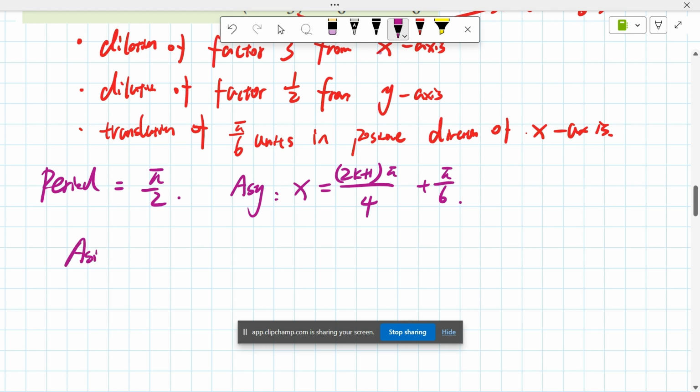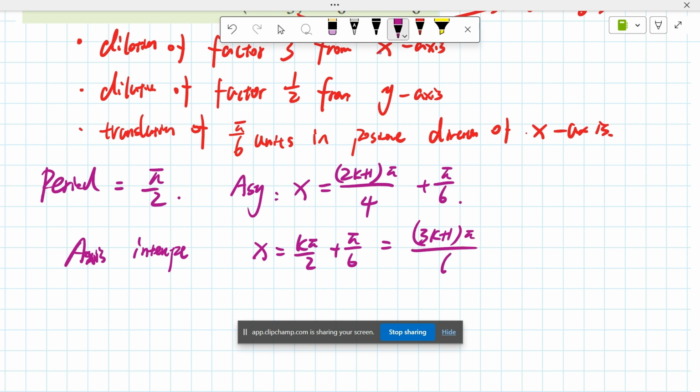And the axis intercept: we will start with x equals k pi over 2 plus pi on 6, which equals (3k plus 1) pi over 6. It's not bad. Now it equals 12 maybe. We try to just make it one fraction.